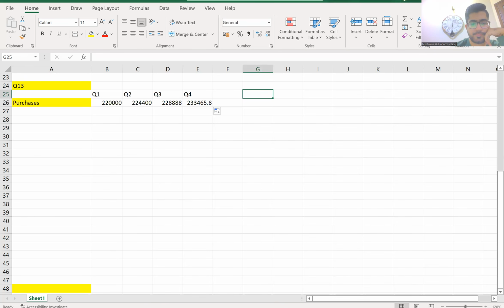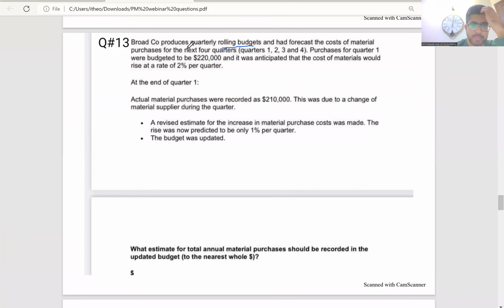Okay, this is what it says. Broad Company produces quarterly rolling budgets and had forecast the cost of material purchases for the next 4 quarters. Purchases for quarter 1 were 220,000, and it was anticipated that the cost of materials would rise at a rate of 2% per quarter.